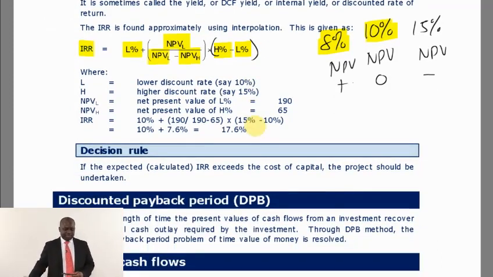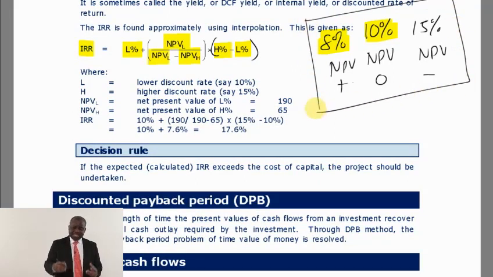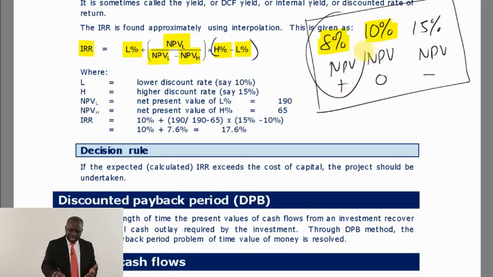What is the decision rule for internal rate of return? The decision rule is basically what I explained here. The internal rate of return is the cost of capital that will make the NPV equal to 0. The maximum cost of capital that will make the NPV equal to 0. If the cost of me raising the money is less than that internal rate of return, the NPV will be positive, as we showed here.